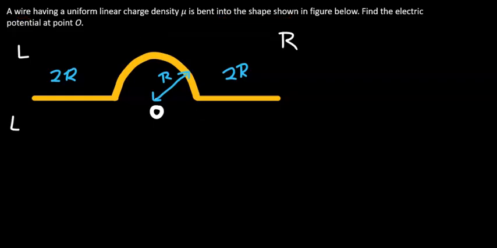Let's do the left-hand side first. Let's divide up this entire left-hand side segment into a very tiny segment which contains a charge, say, dq. And the length of that element, let's call it dx. Let's align this linear segment of the wire along the x-axis, like that.